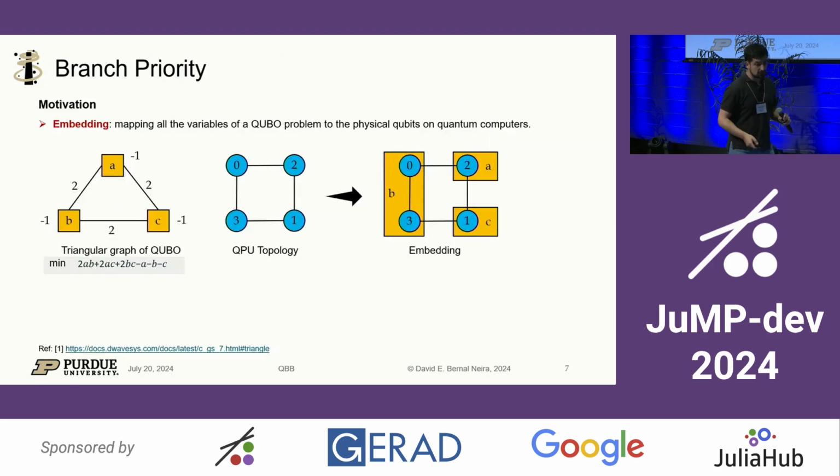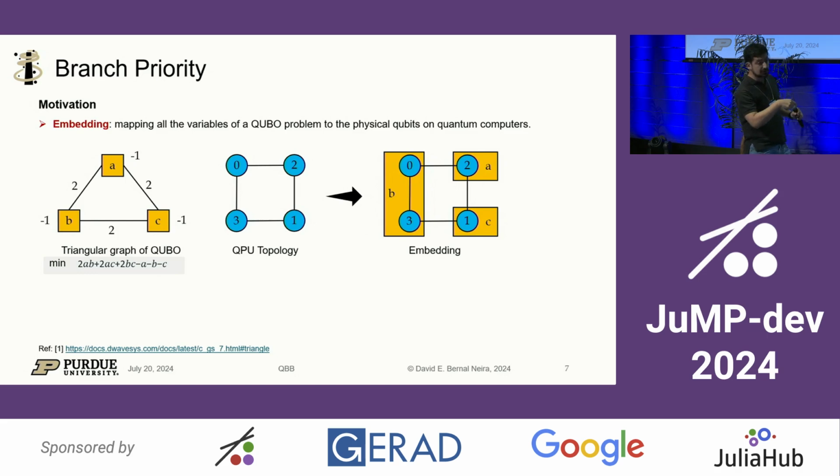Okay? So anyway, there is another teeny tiny problem here which has to do with the way that these computers are solved. It's basically that the computers don't have arbitrary connections between their qubits. That means that if you want to solve an arbitrary problem in them, you need to perform a compilation step that people call embedding. And here's an example.